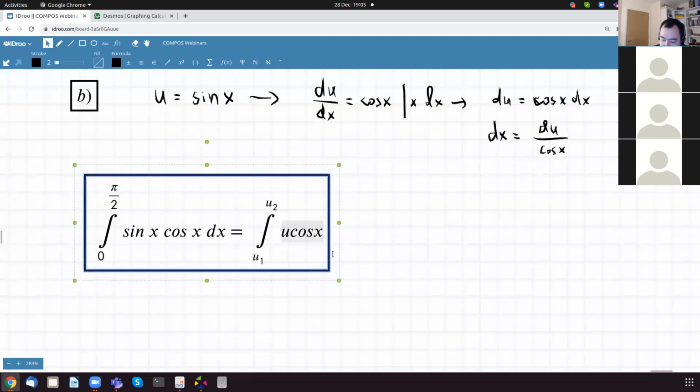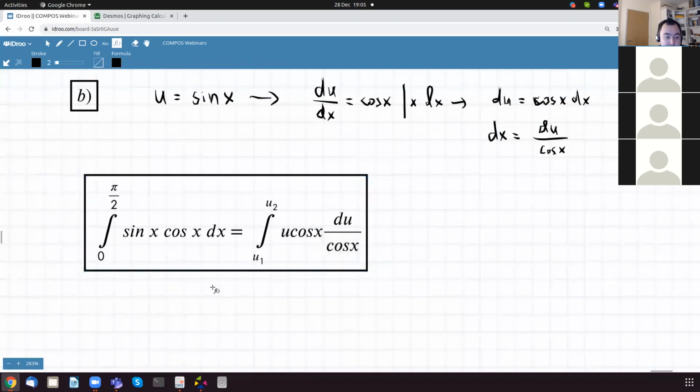So du over cos x. And cos x cancels out, and we need to find u1 and u2.